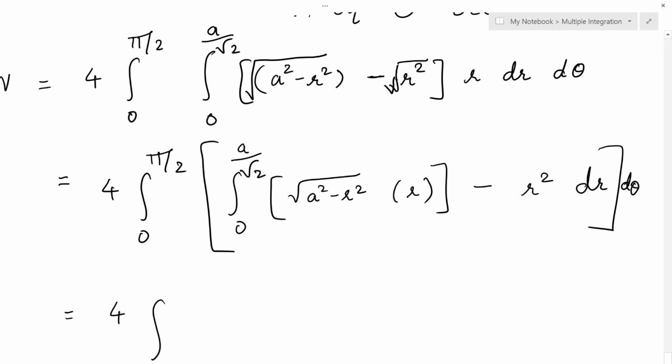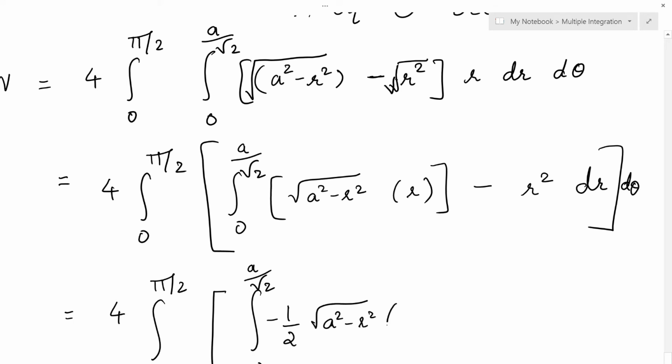So you can use the formula n plus 1 upon n plus 1, that formula. So I'll multiply this by minus 2 and divide this by minus 2. So now my integration of this will become easier. This I'll keep as it is.